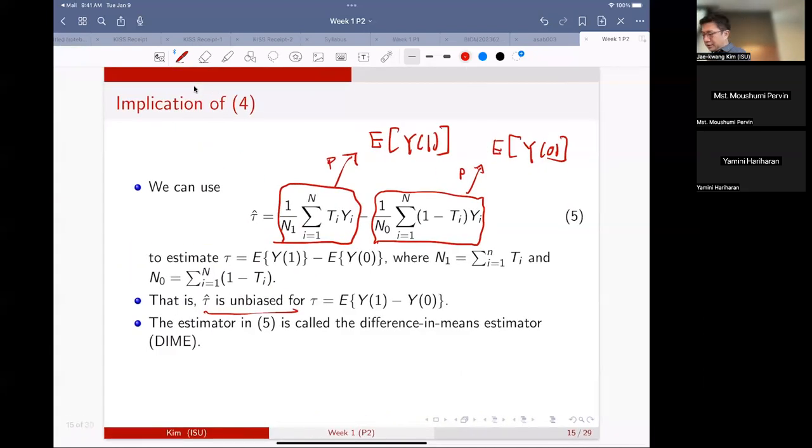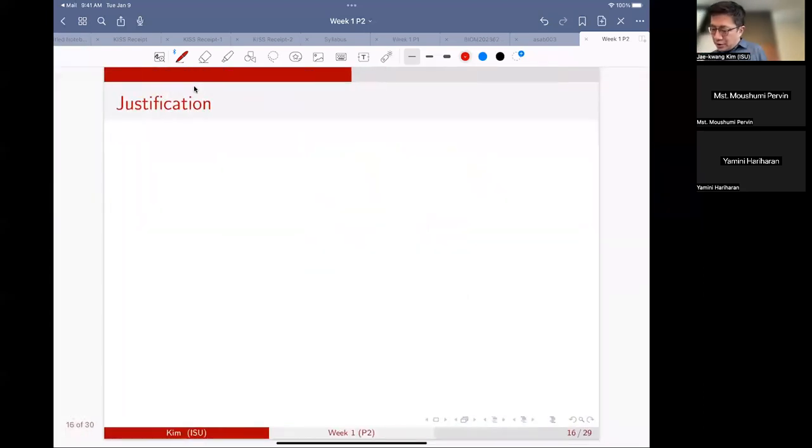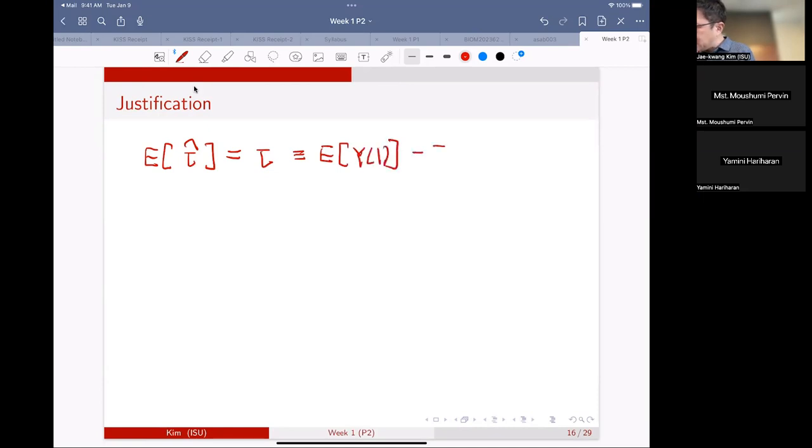Now, what do we want to prove? We are almost ready to prove it, but let's be formal. We want to show that the expectation of tau hat is equal to tau, which is the expectation of y1 minus the expectation of y0.